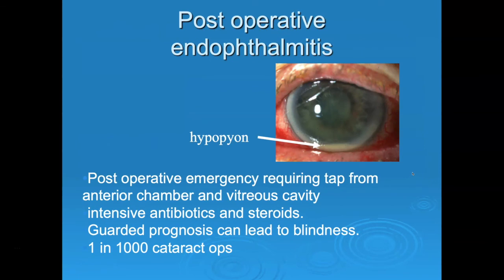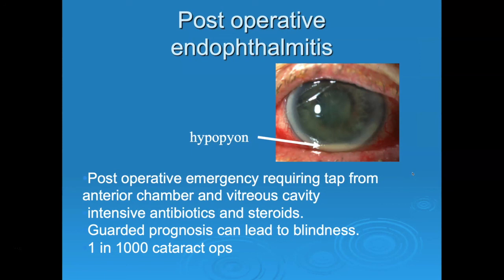Finally, you can get an inflammation of the whole of the eye called endophthalmitis, and the most important cause of endophthalmitis is post-operative endophthalmitis following cataract surgery. The eye tends to be sore. The vision, having previously been good, can become very poor, and you need to suspect it if the patient gives a history of recent cataract surgery in the last week or two.